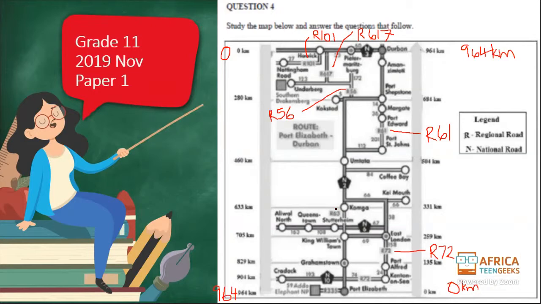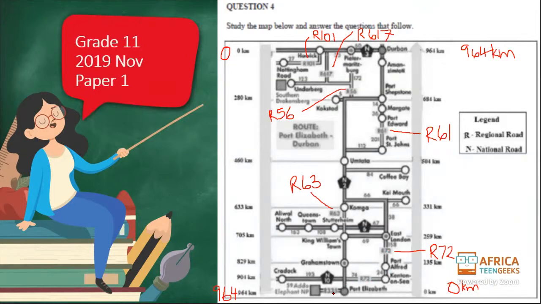This one here, R63. And this R72, this is also R72, so this is the same road.